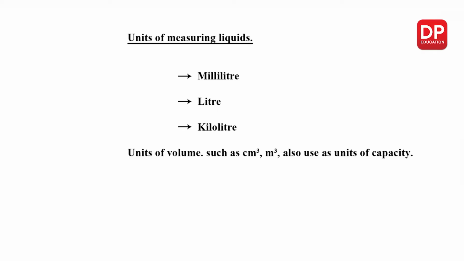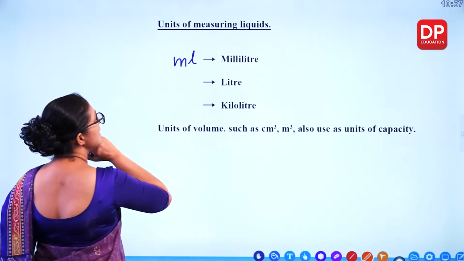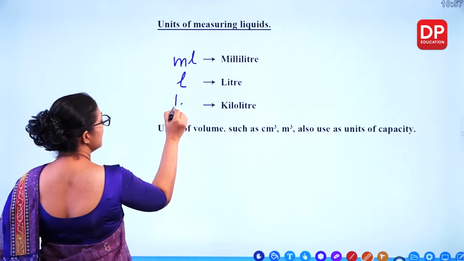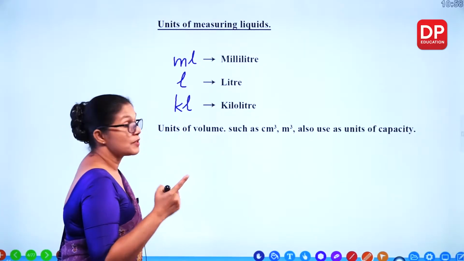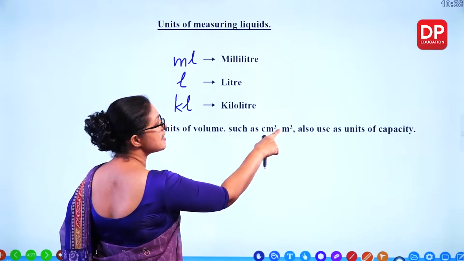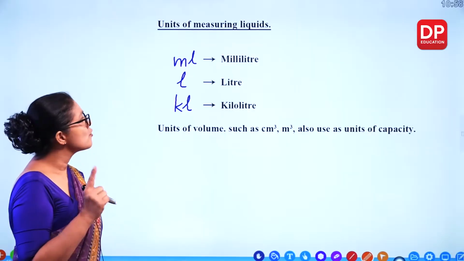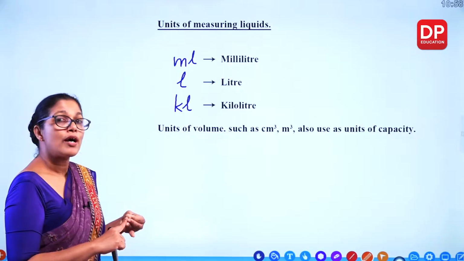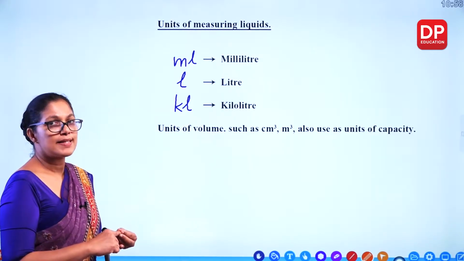What are the units that we can use to measure liquids? Milliliter, the symbol is mL. Liter, that's L. Kiloliter, kL. Units of volume such as cubic centimeters and cubic meters are also used as units of capacity.